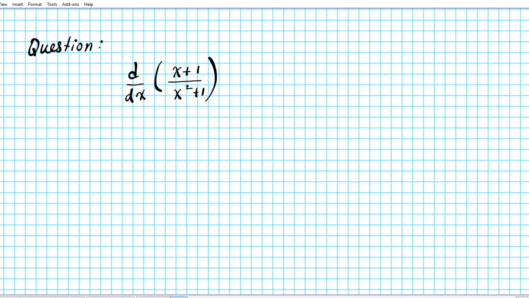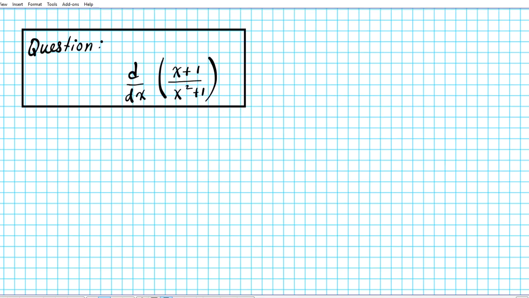Okay, so let's say this is the problem that you're to differentiate. Alright, so first things first, we want to ask ourselves what we're differentiating. Can we rewrite it in a way that we can avoid using the quotient rule or the product rule?